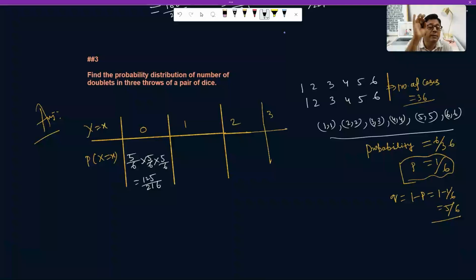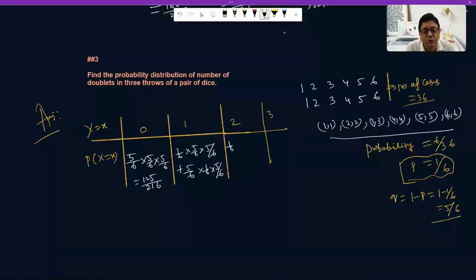When there is one doublet, when is it coming? That you don't know. That doublet may come in the first trial or second trial or third trial. So suppose you get it in the first trial: 1 by 6 into 5 by 6 into 5 by 6. Now suppose you get the doublet in the second trial, then the first trial probability is 5 by 6, you haven't got it, then 1 by 6 and again 5 by 6. Then you may get two doublets.